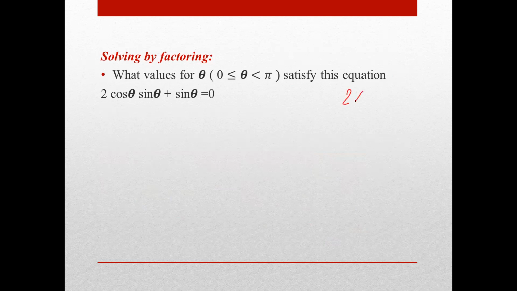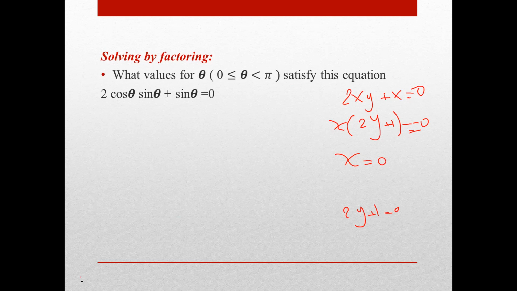Like 2xy plus x equals 0. Can we put x as a common factor? Yes. So x times 2y plus 1 equals 0. Now, I told you before, if two numbers are multiplied and the answer is 0, one of them is 0. So here, x could be 0 or 2y plus 1 could be 0.